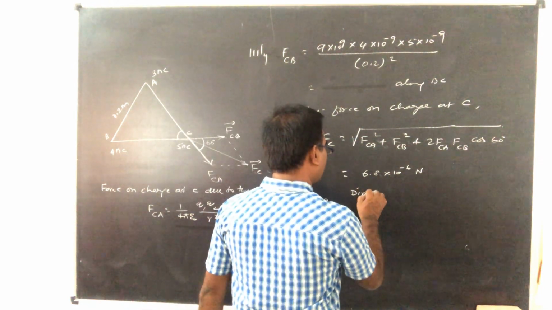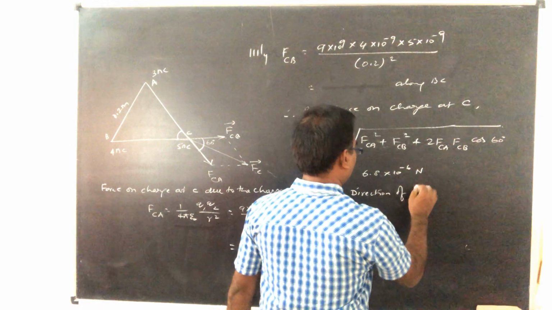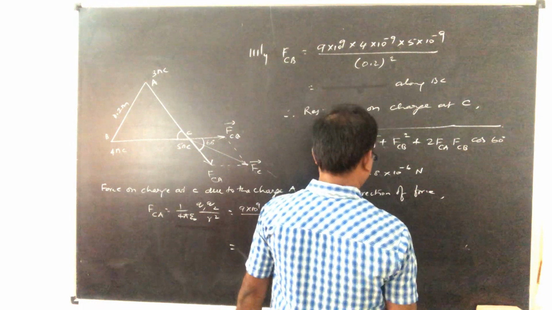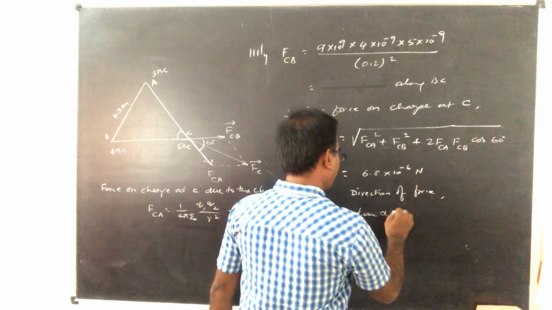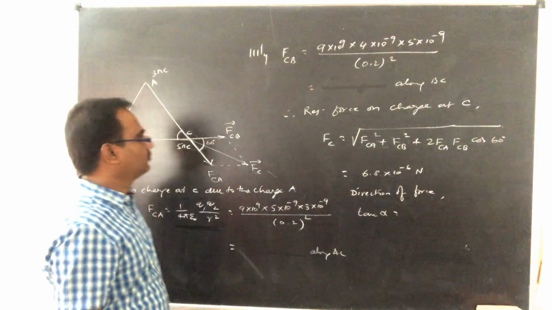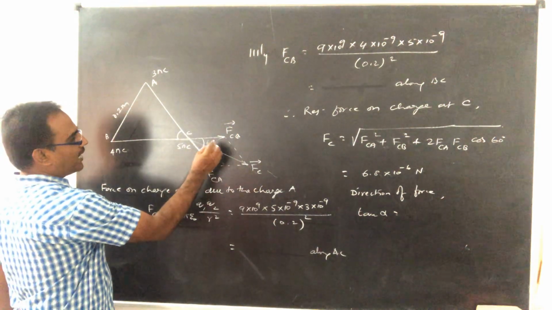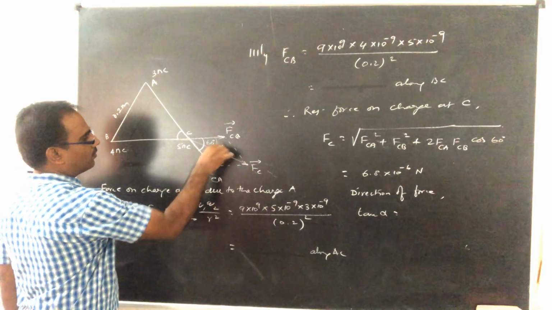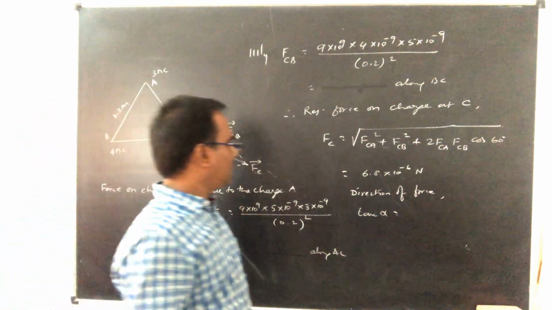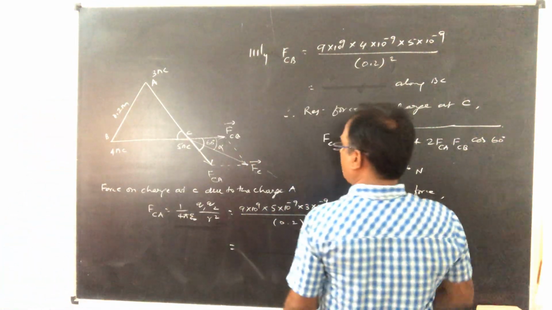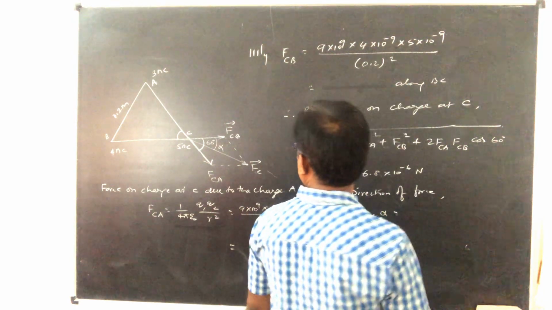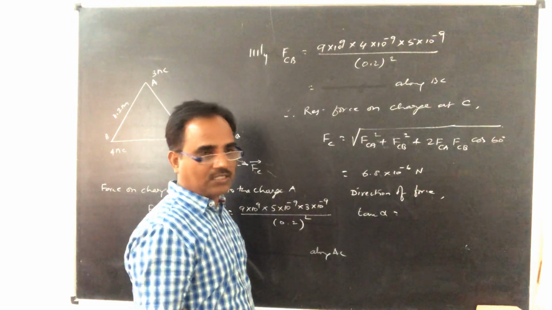Now direction of force. This is tan alpha. So I take this angle as alpha. So tan alpha, you have to use the formula B sin theta divided by A plus B cos theta.